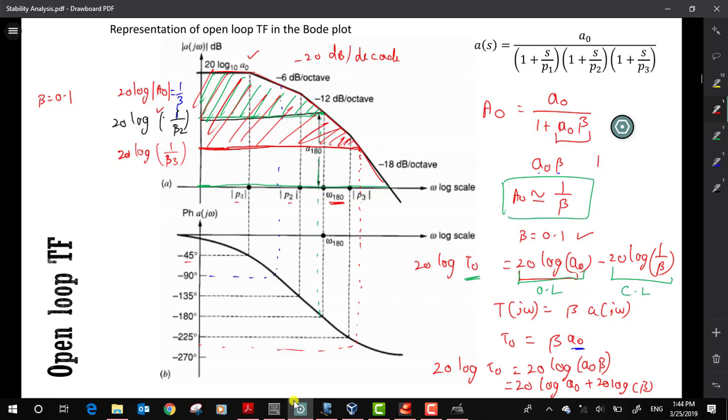Under such a condition, if the open loop gain of the system has such a structure, then what would happen? I would be thinking that whatever input I give, the same kind of output would appear, but rather it would be totally different.